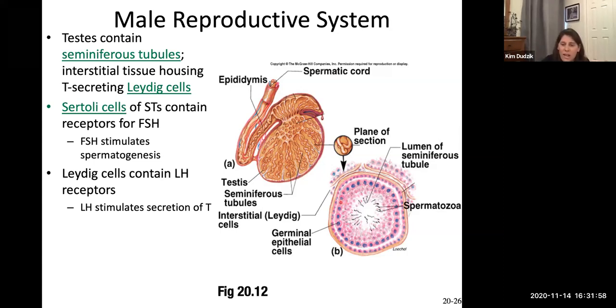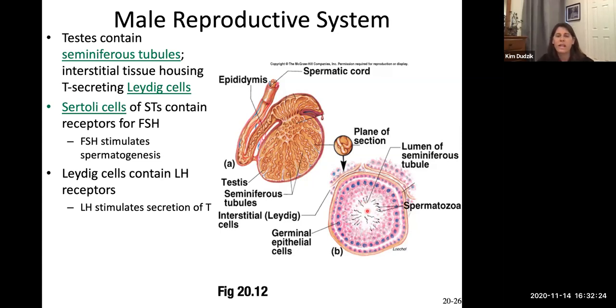These are the germ cells that are dividing, and they will divide by meiosis to produce the sperm in the middle. At each meiotic division, they're pushing the new cells toward the lumen, or the center of the seminiferous tubule, where eventually the end of the meiotic division is where the sperm are produced.